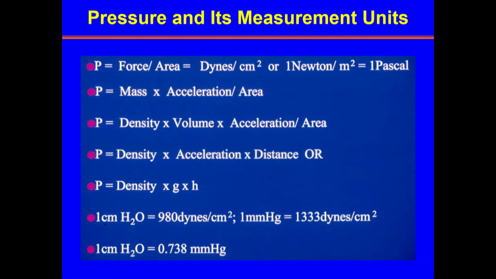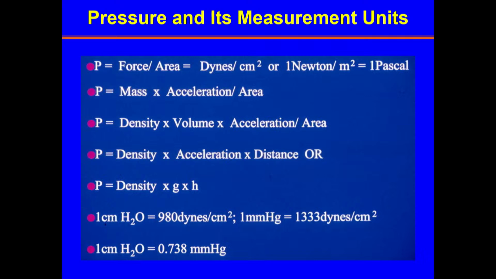Density of water is 1, and so for 1 centimeter of water, how much pressure does it exert? We put the density multiplied by the free fall acceleration. In meters per second, it's 9.8 meter per second squared. So in centimeters per second squared, it becomes 980. And for 1 centimeter of water, that's the pressure that it exerts in SI units.